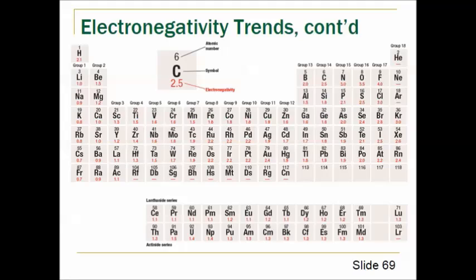You should also be able to state the trend within a group and within a period on the periodic table. And for the first two properties, the radius and the ionization energy, you should be able to explain the trend within a group or within a period. Okay, so on a test, you must be able to define the property, state the trends within a group and period, and for the first two, explain the trends. All right, we'll leave it there.